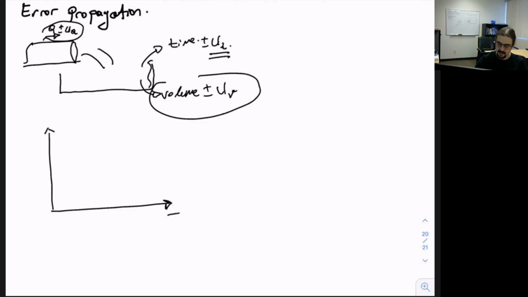Let's do an XY graph. So this is our input from our sensor. Okay, and let's call that X, and then we have a calculated value. Let's call this Y.